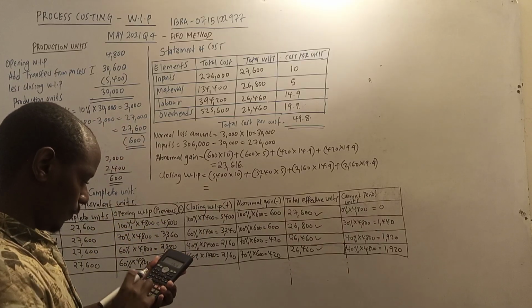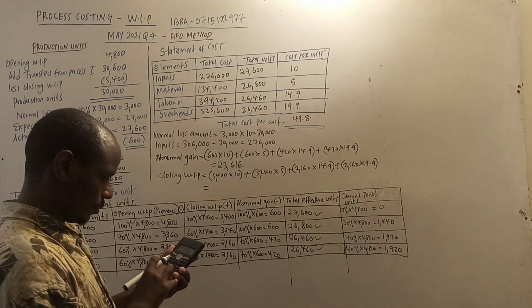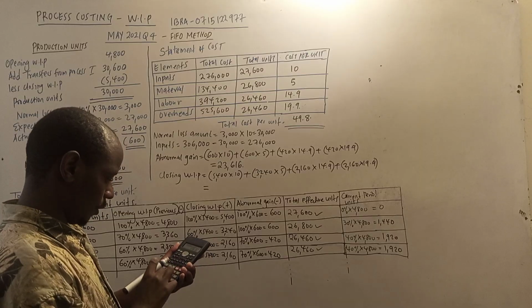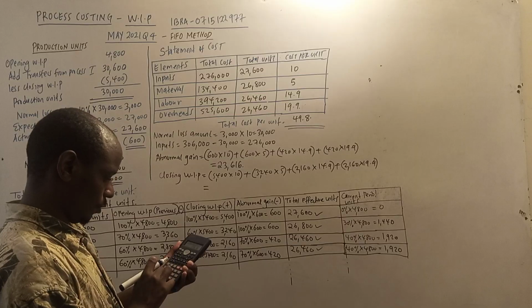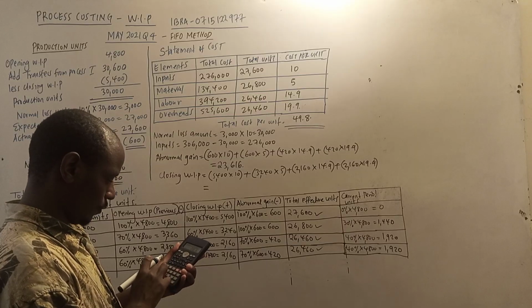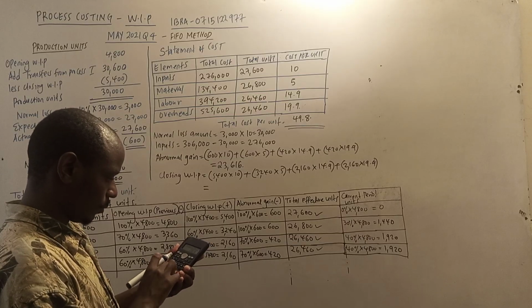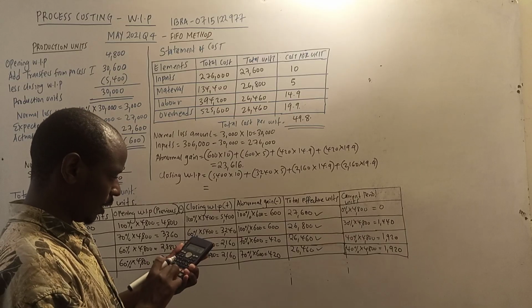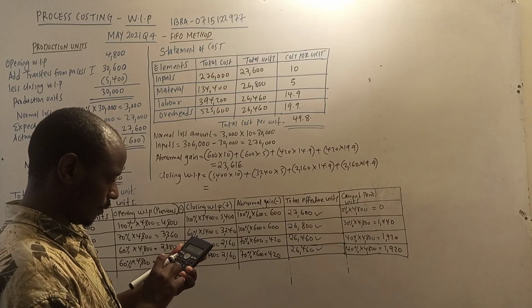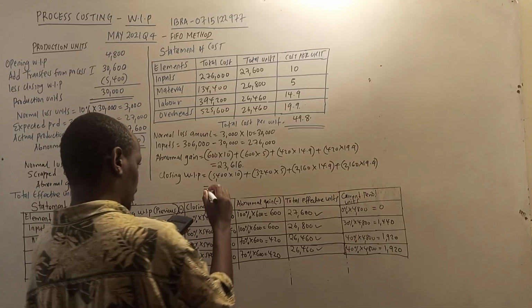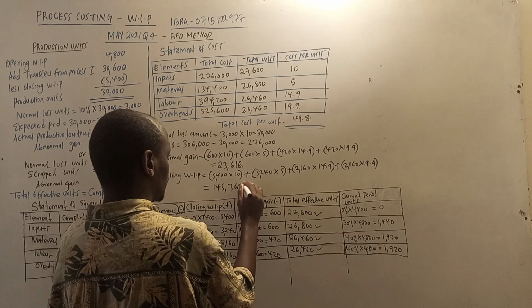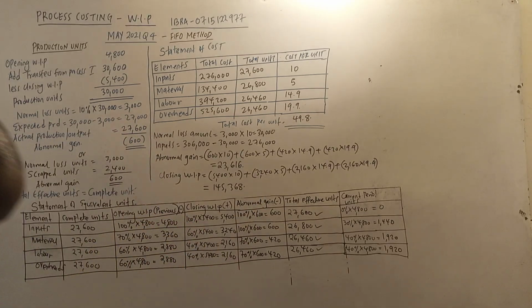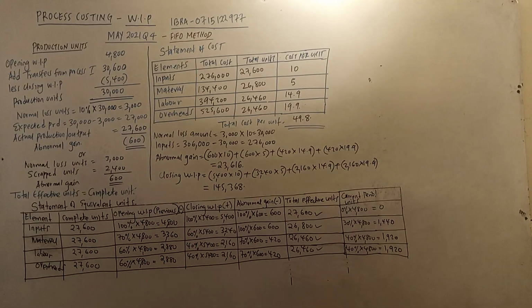So let us see: 5,400 times 10 plus 3,240 times 5, plus 2,160 times 14.9, then 2,160 times 19.9. I get 145,368.